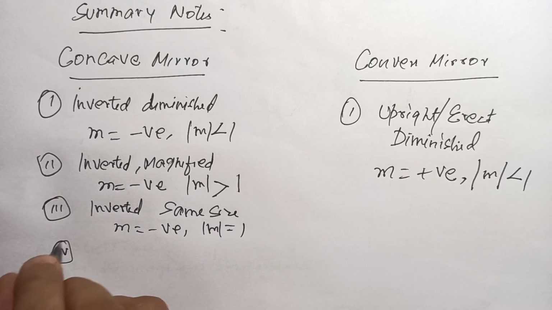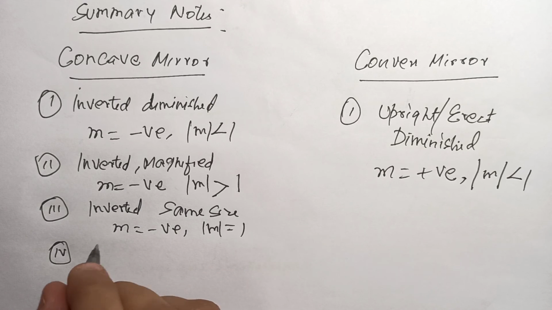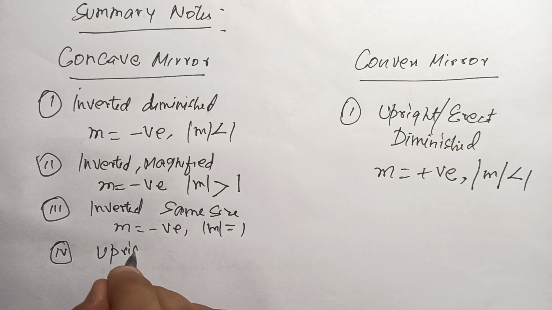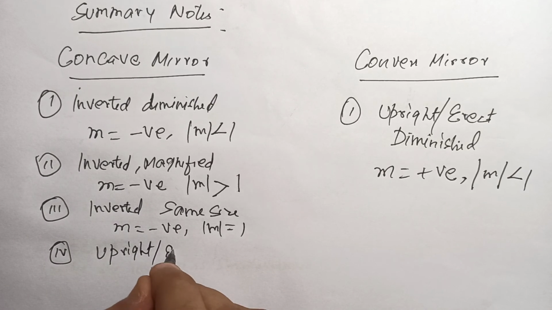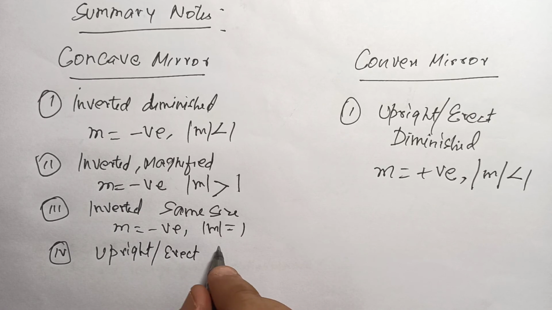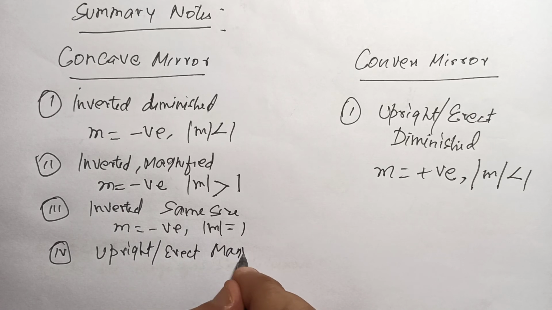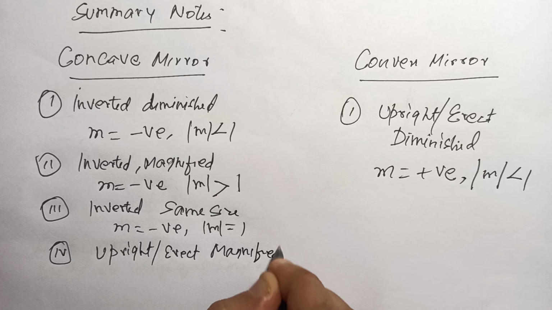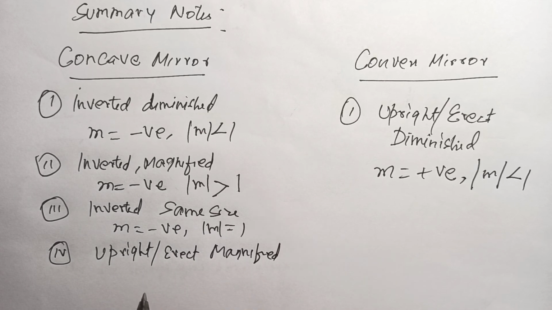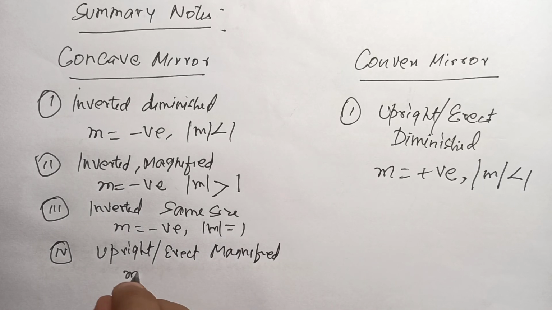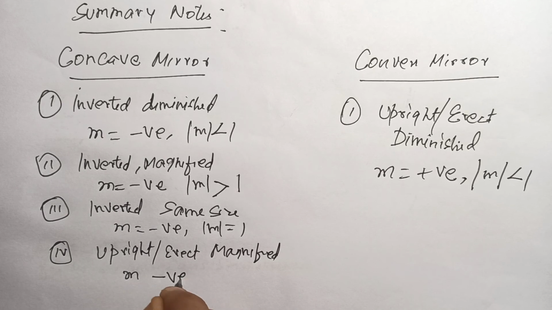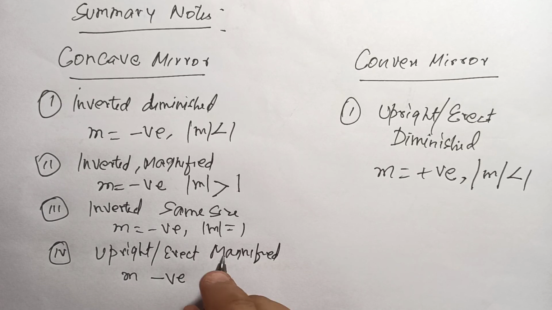And the fourth and final case is upright, erect, magnified, M is negative, and mod of M greater than 1.